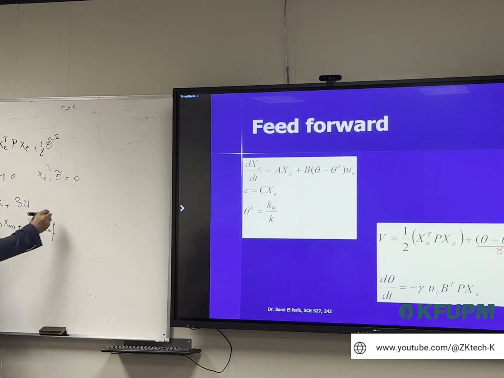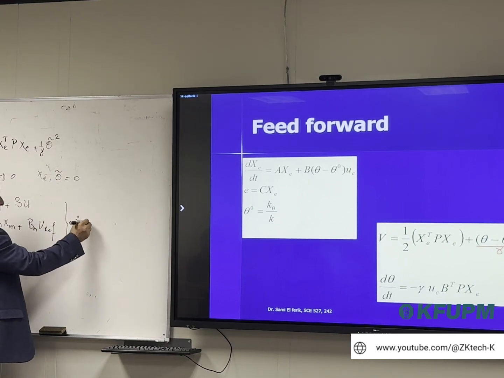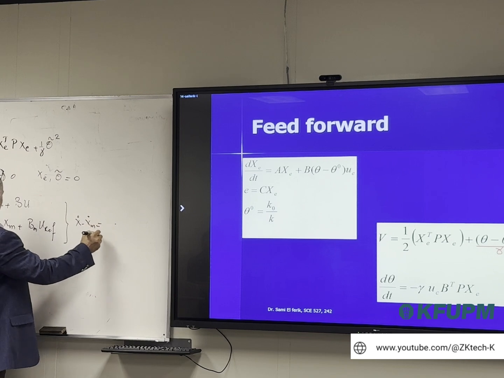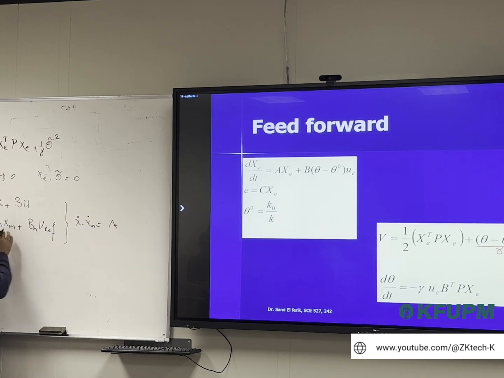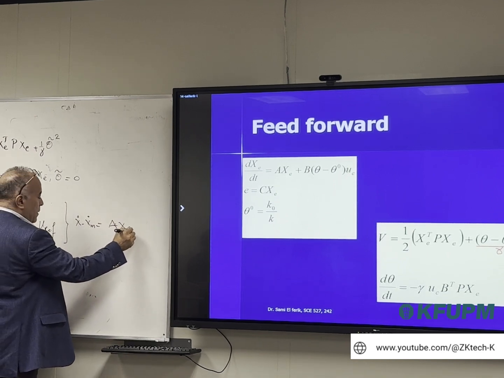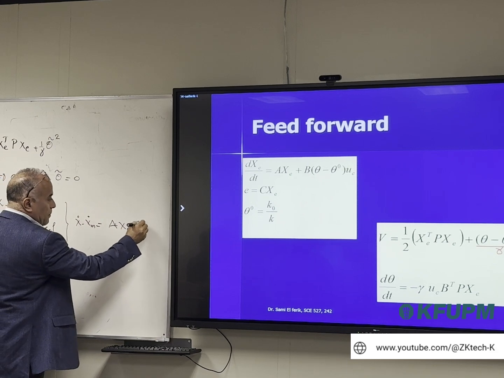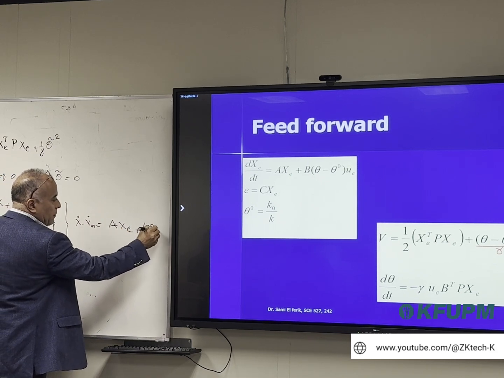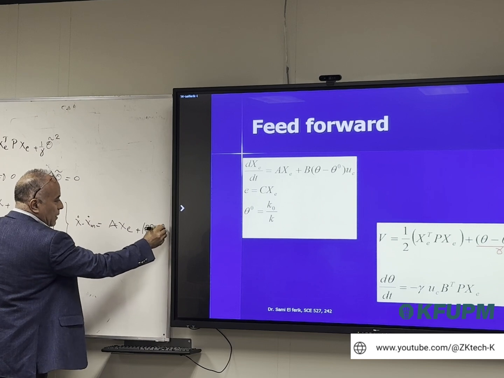So what we are going to do is make the difference between the two, so we extract the error dynamic between the two. Error dynamic, we have x prime minus xm prime, and we are using the same A, not a different A, because we are using only a feed-forward controller, so the same A in both. So we will have A multiplied by xe plus B multiplied by theta minus Bm, the whole thing multiplied by the reference.